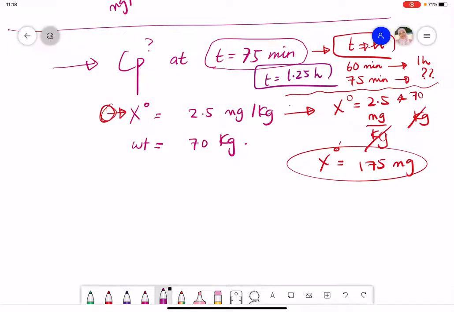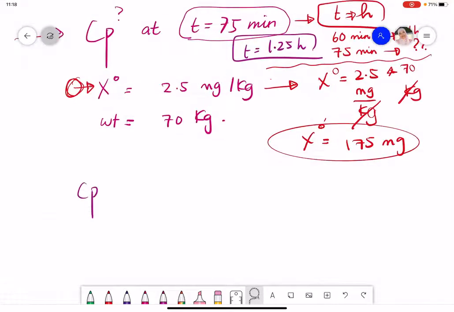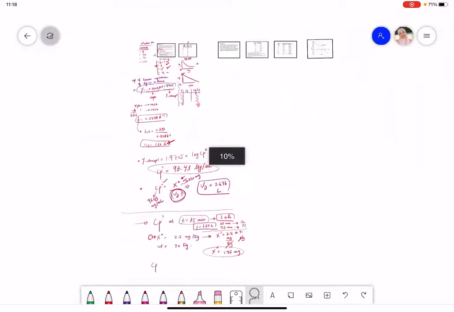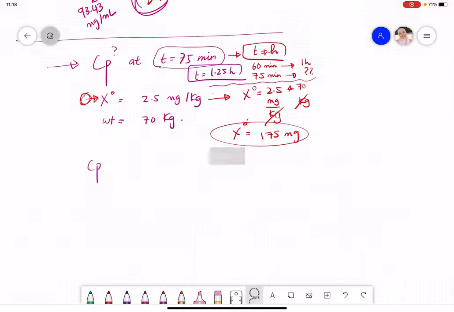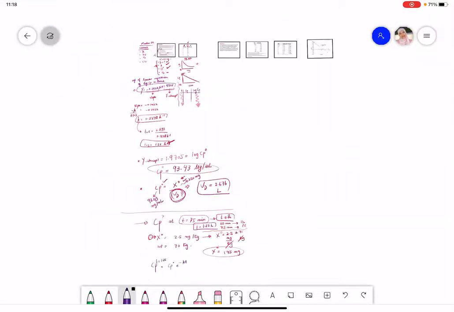Easy. CB at time 1.25, the concentration at time 1.25 equals CB naught e to the minus K times time.